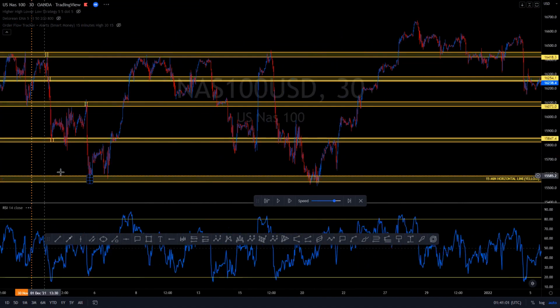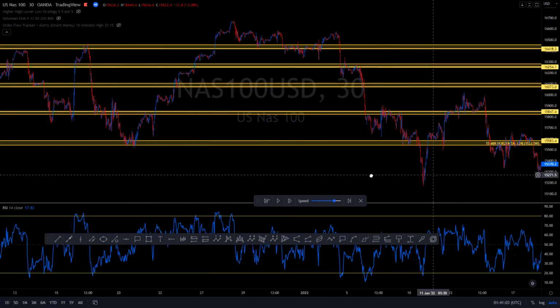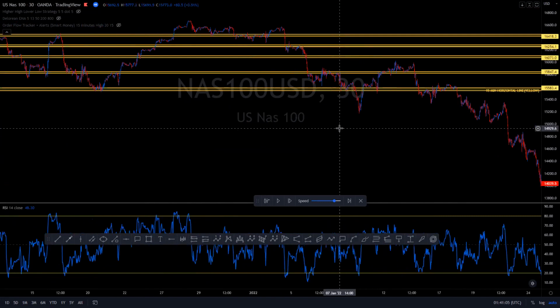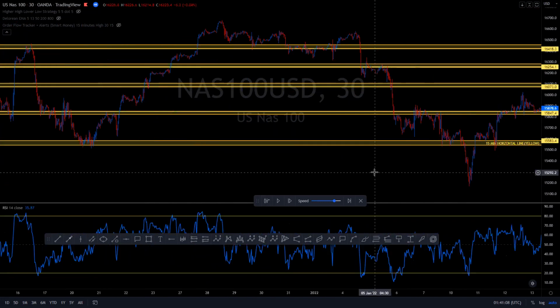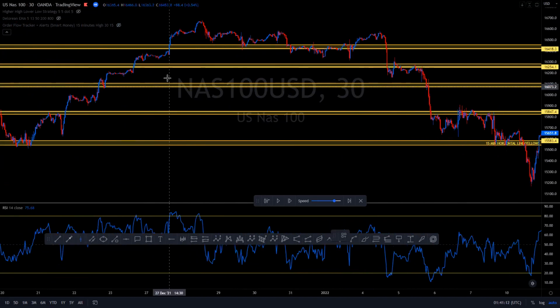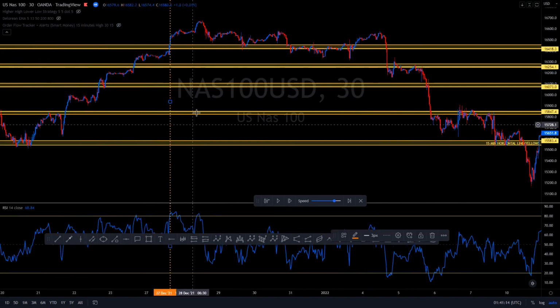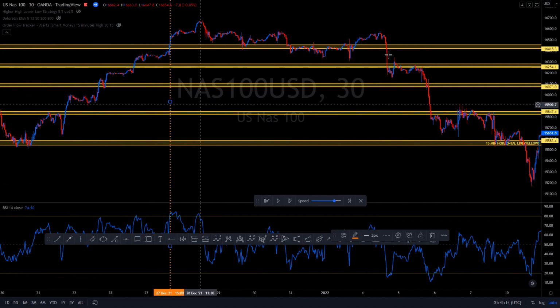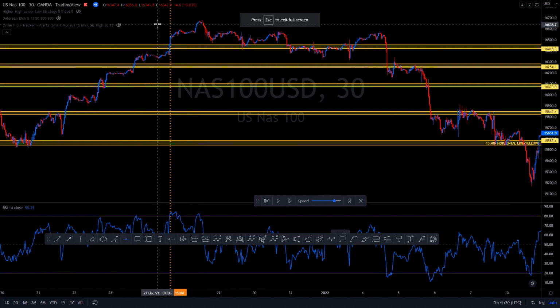And this is the last vertical line I put. So we can see we got to mark up these areas here. So I will zoom in, put a vertical line here. And then I will basically mark up this area.